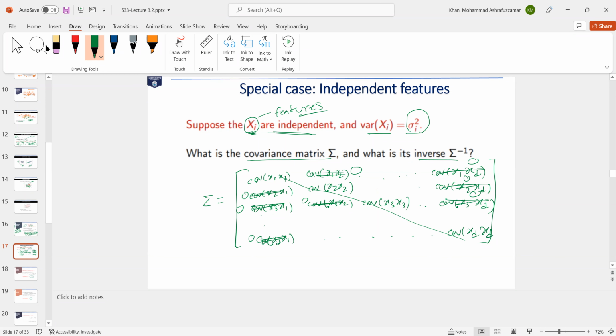In other words, all these terms will be 0, all these terms will be 0. And then again, this will be sigma 1 square, sigma 2 square, sigma 3 square until sigma d square.